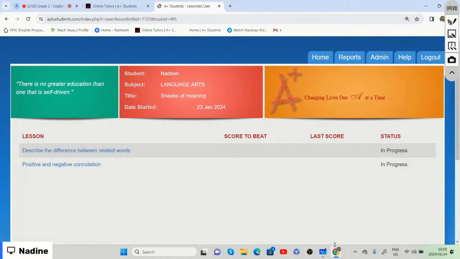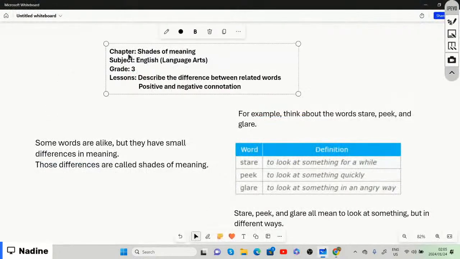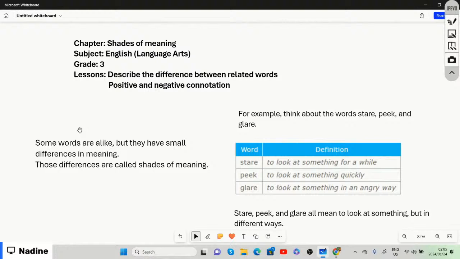So our chapter is shades of meaning. Our subject is English language arts, grade 3.